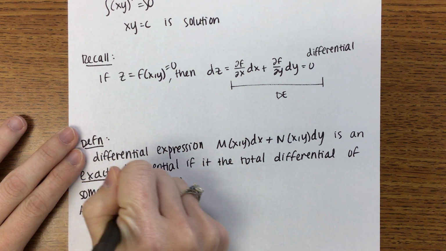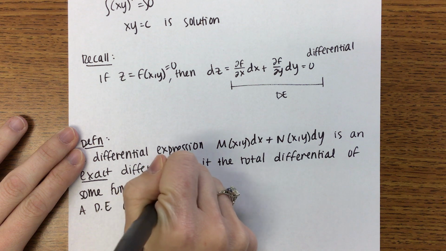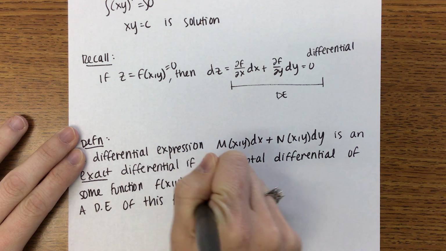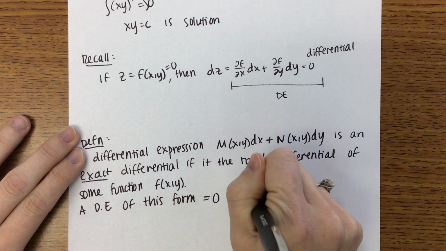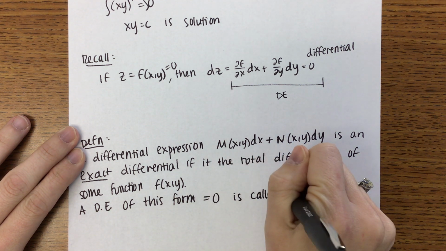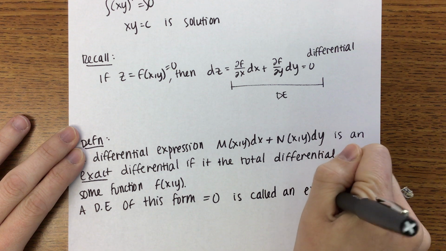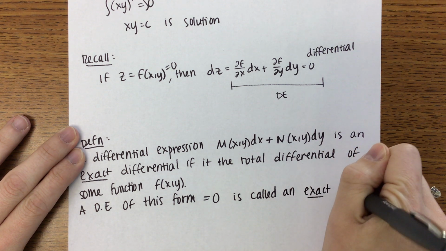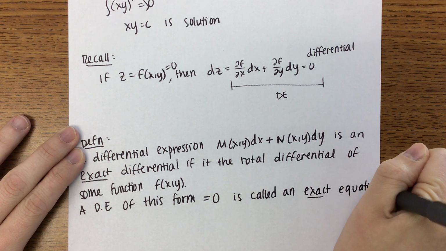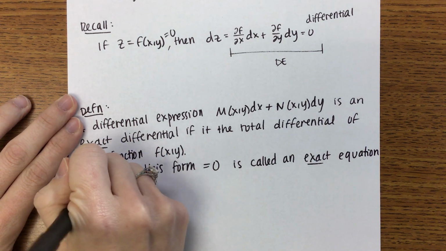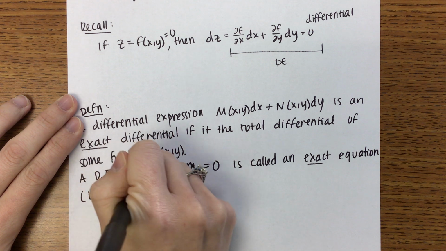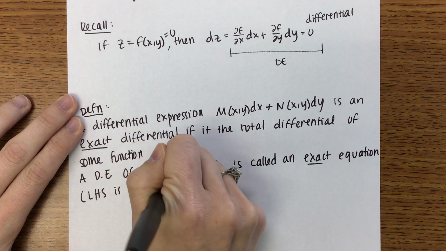A differential equation of this form that is set equal to 0 is called an exact equation. So in other words, it's an exact equation if the left-hand side is an exact differential.